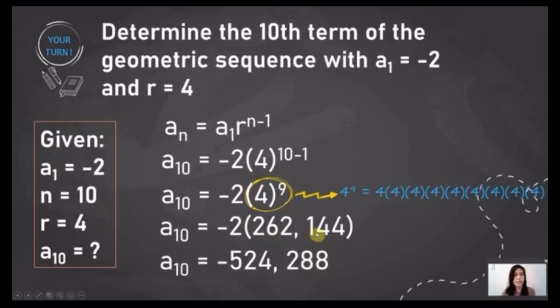Now our a sub 10 will become negative 2 times 262,144, which is negative 524,288. So that will now be our answer. The 10th term of the geometric sequence with a sub 1 equal to negative 2 and r equal to 4 is negative 524,288. Right? Did you get the same answer?